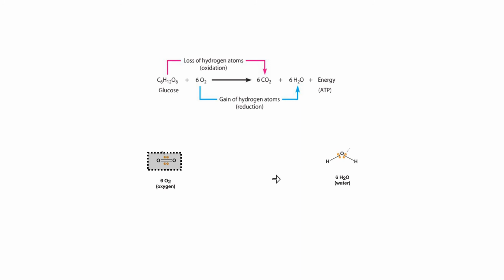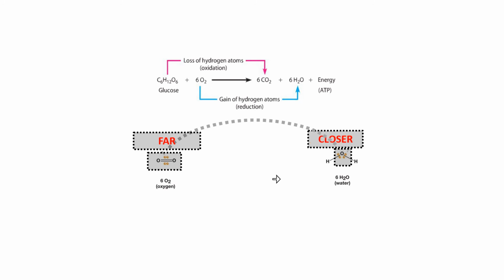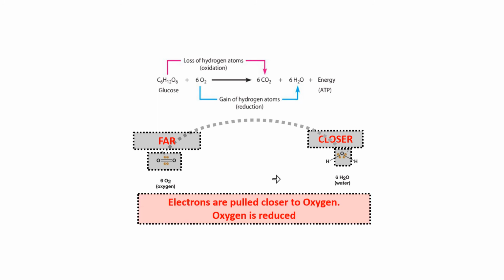So remember, the electrons between oxygen and water, they are far in the oxygen, while they are much closer to the oxygen in the water. So as a result, the electrons are pulled closer to the oxygen, so the oxygen is being reduced.